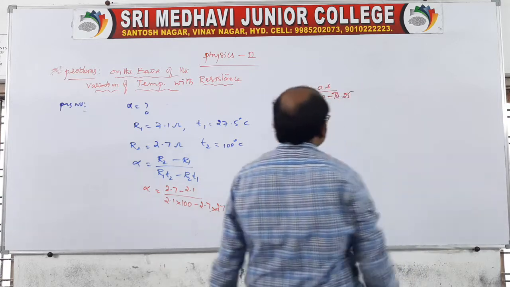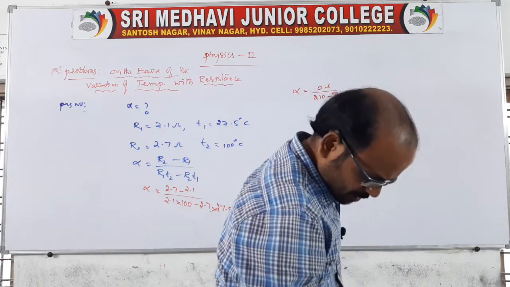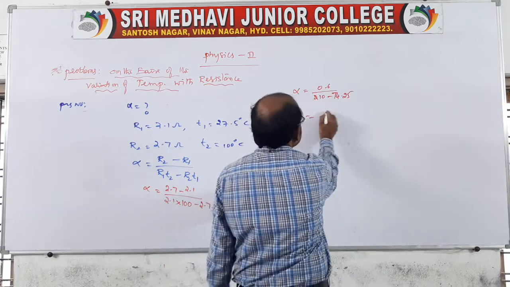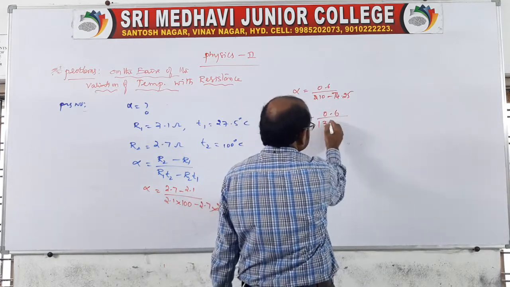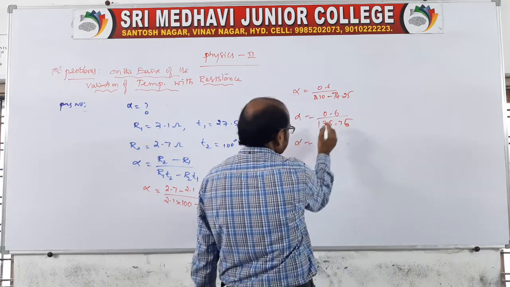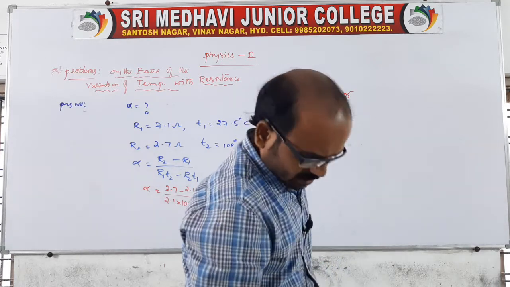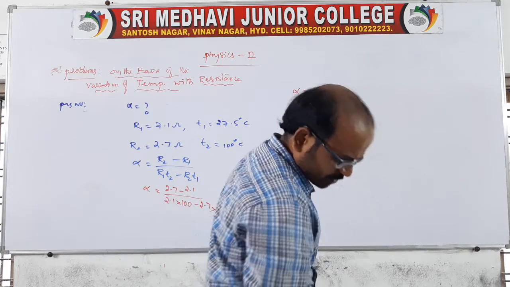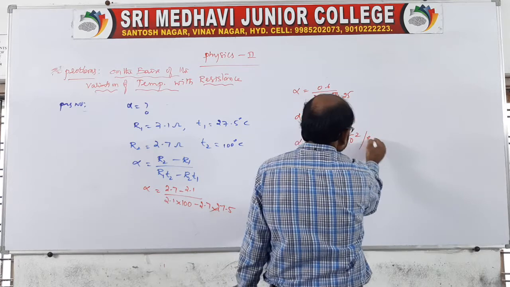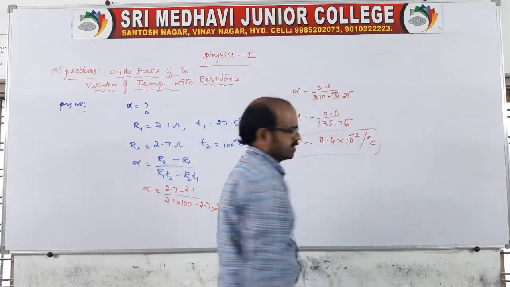Now you subtract this, it is 135.75. Alpha is equal to 0.6 by 135.75. If you divide 0.6 by this, it may be approximately 4.4 into 10 power minus 3 per degree Celsius. This is alpha.